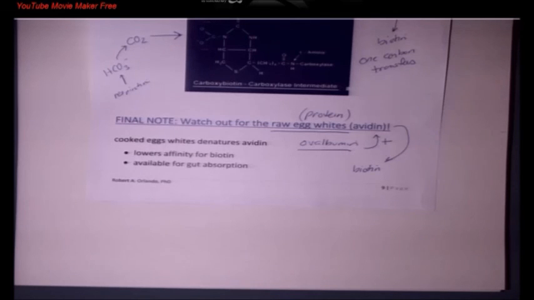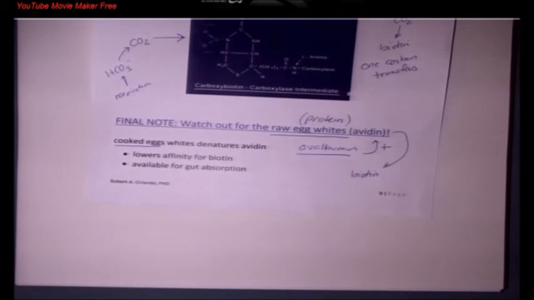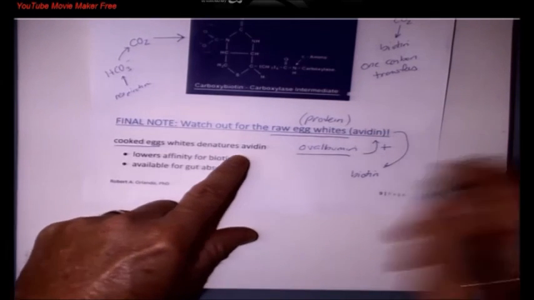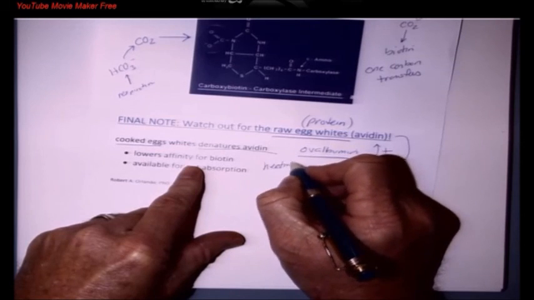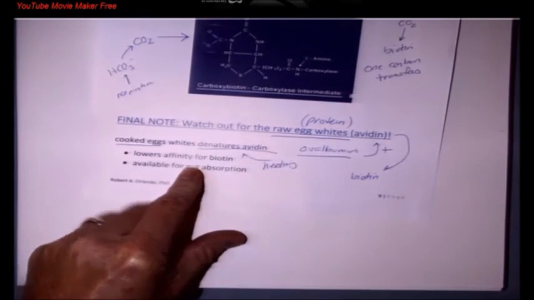And so how do you solve the problem? You cook your eggs. Pretty simple. The heating of eggs will cause the denaturation of avidin. And if avidin is denatured, it can no longer bind the biotin. Yes?